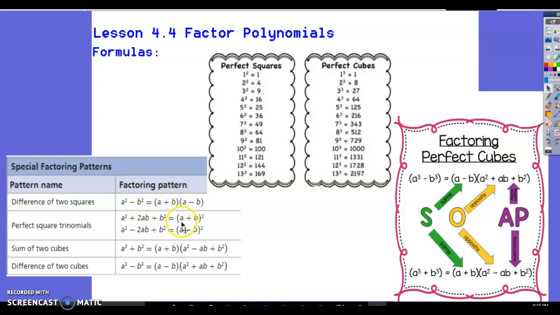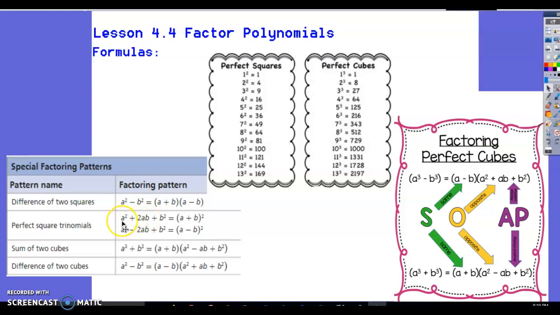All right, same thing down here. When you have a binomial squared, this is in factored form. If you have a binomial squared, that means you've got a plus b times a plus b, because something squared means this times itself. So you can go to this factored form very quickly if you have two squared terms on the front and back end, and you have twice ab in the middle.